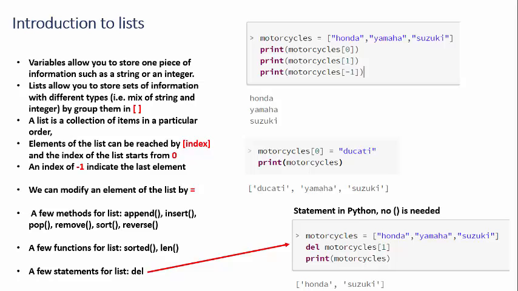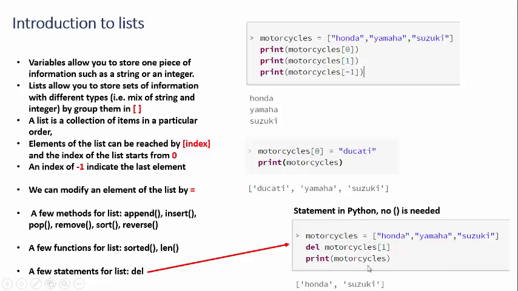For example, we define motorcycle to be Honda, Yamaha, and Suzuki, which has 3 elements. If you use del motorcycle index 1, which means the second element, Yamaha, then after we run this line, Yamaha is removed from the list, and there are only 2 elements left: Honda and Suzuki.